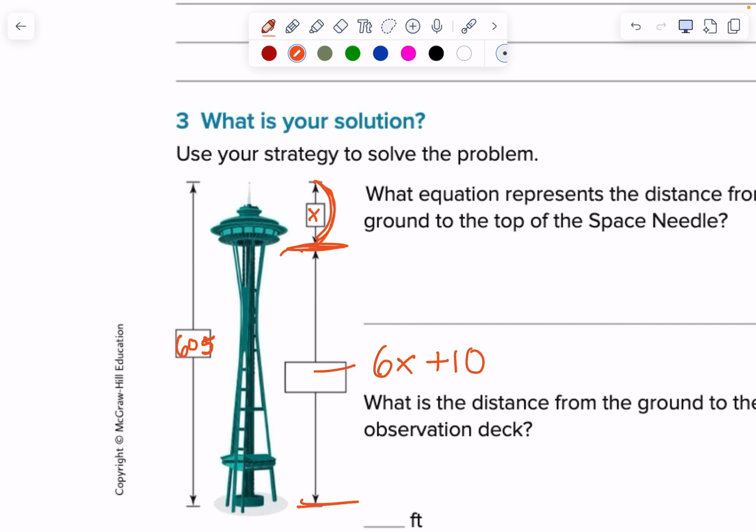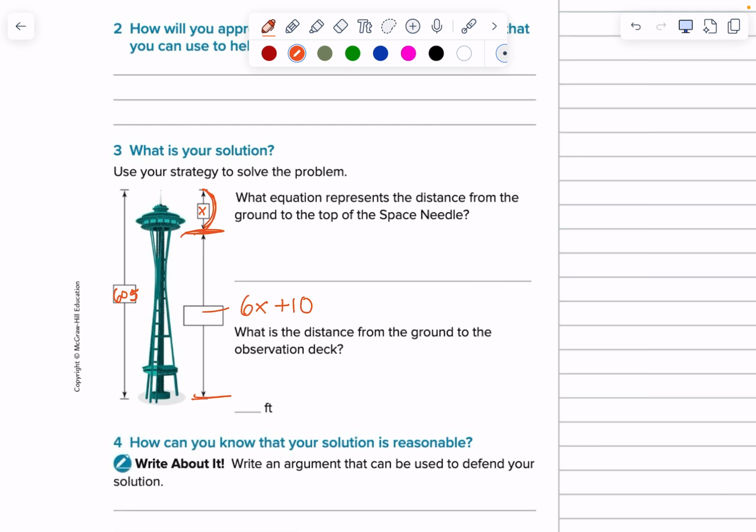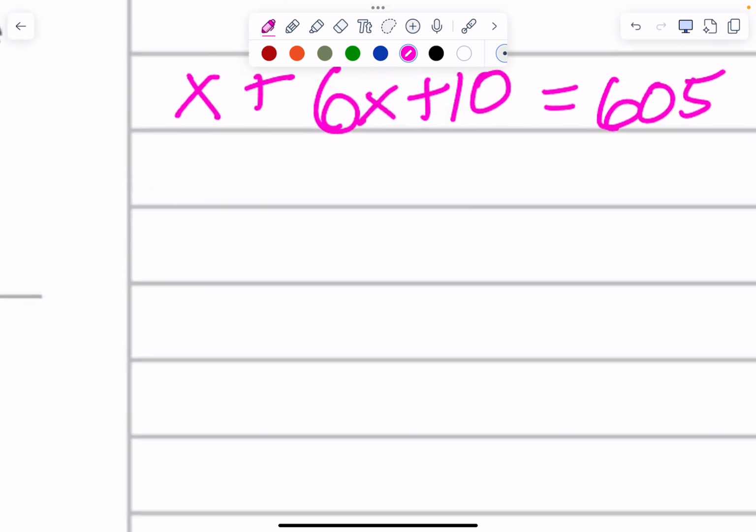So this guy is 6 times x plus 10. This guy is just x. Does that make sense? Because that's the length of the observation deck. All right, so we can solve this problem. What should we write out for our equation? x plus 6x plus 10 equals 605. Those two pieces added together give me 605.